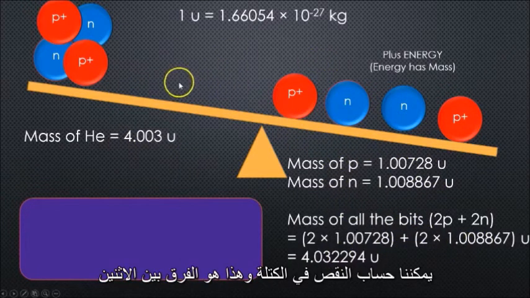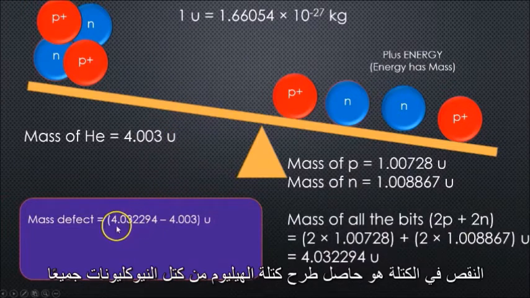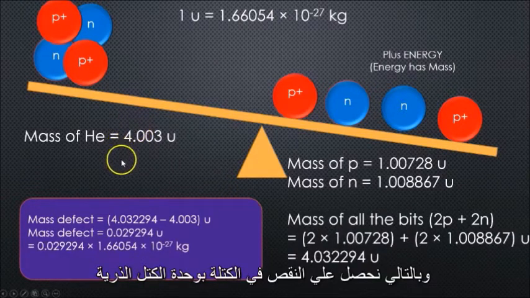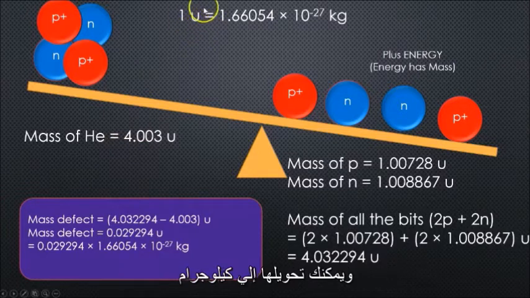That's the difference between the two. The mass defect is all the bits subtract the mass of the particle when they're all together. You get a mass defect in U, and you can multiply by this conversion factor because 1 U is equivalent to this many kilograms. That gives us a mass defect in kilograms.